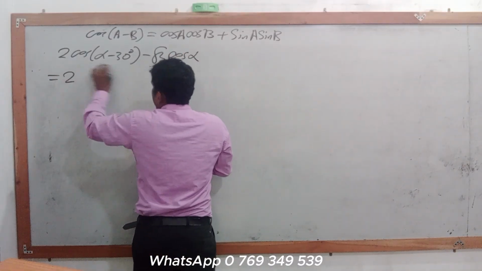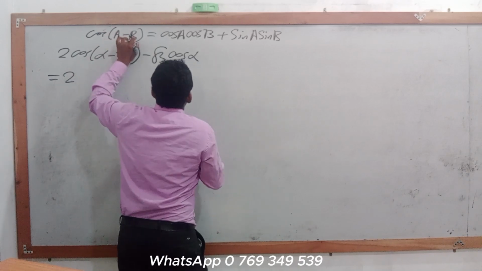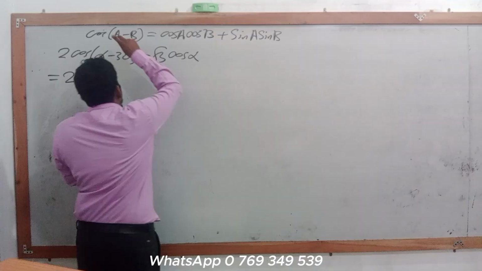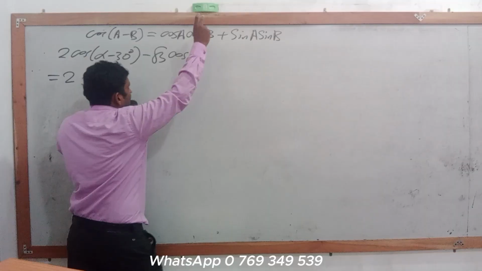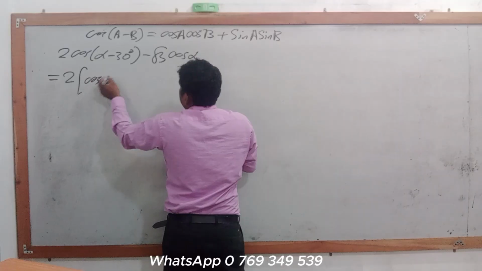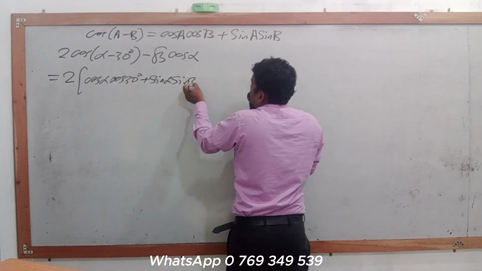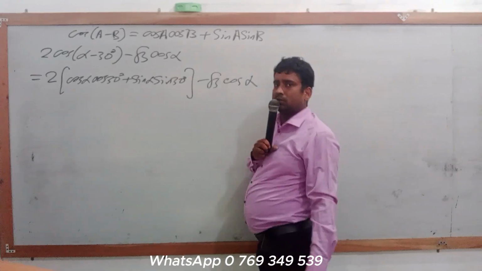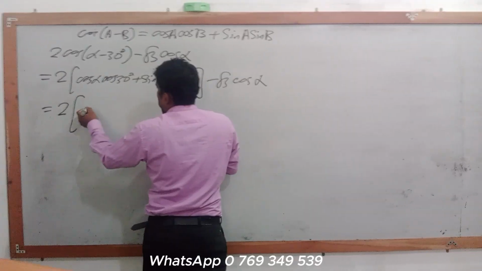Cos(A minus B) is cos A cos B plus sin A sin B. So alpha minus 30 gives cos alpha cos 30 plus sin alpha sin 30, minus root 3 cos alpha.